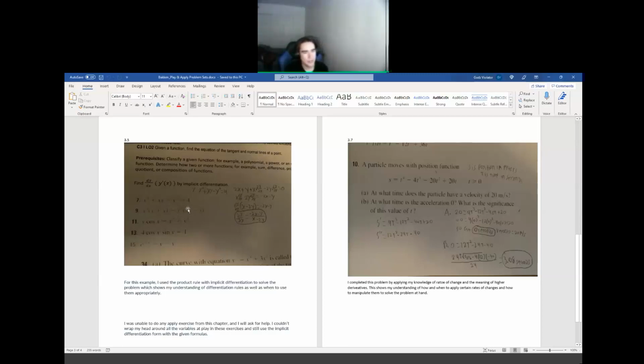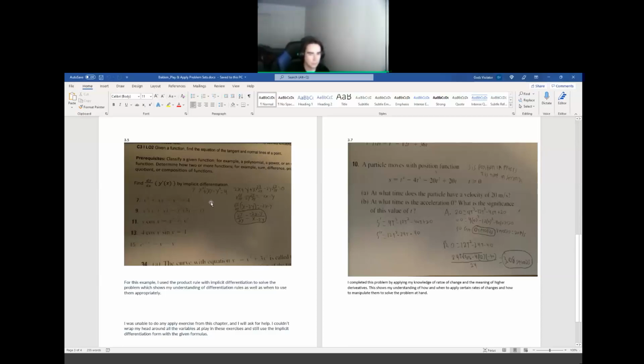So I did number 7. The question is x squared plus xy minus y squared is equal to 4. This one I chose is pretty simple, not too much going on. It's just the product rule with implicit differentiation.